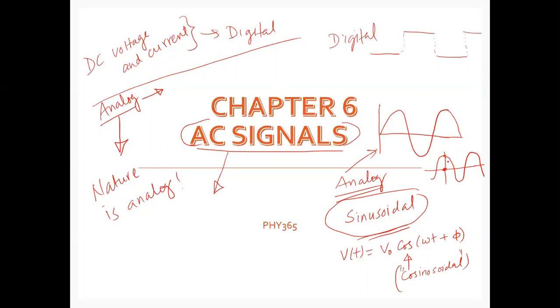At t equals 0, cosine is 1 and sine is 0. That's the only difference, but the appearance is the same.